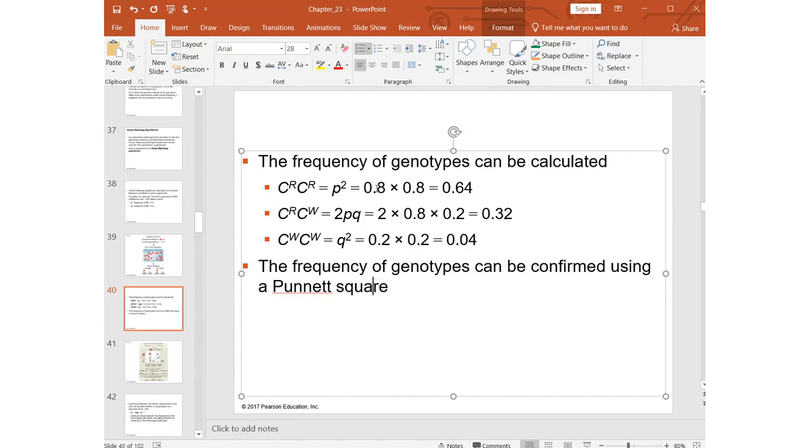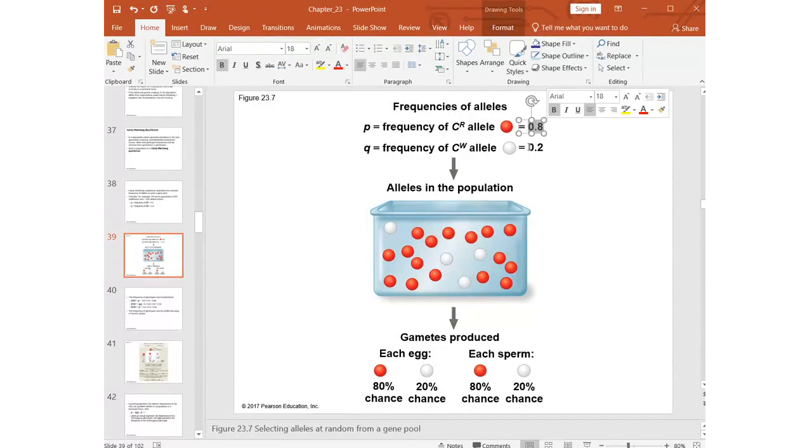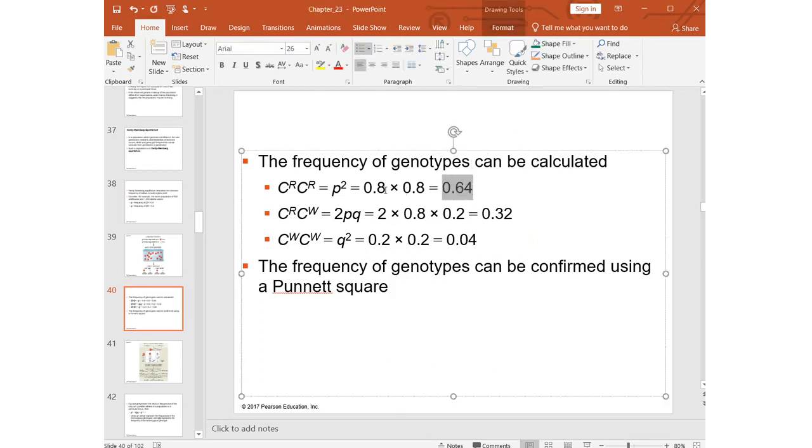So basically what this is saying is, if your red allele is at 0.8 proportion, and the white allele is 0.2 in the population, then if everything is working right, 0.64 are going to be homozygous red, 0.32 proportion is going to be heterozygotes, and 0.04 proportion, in other words, if you convert it to percentages, 4% of the population would be homozygous white.